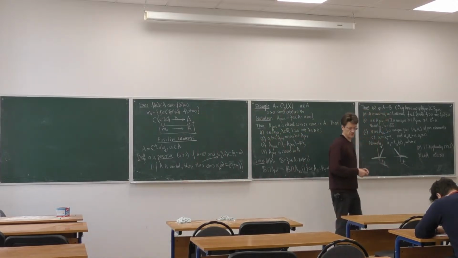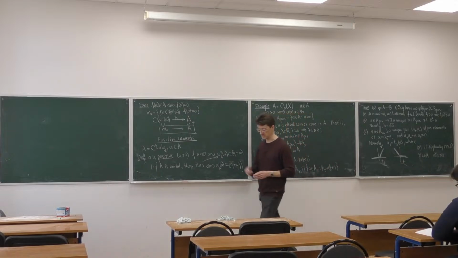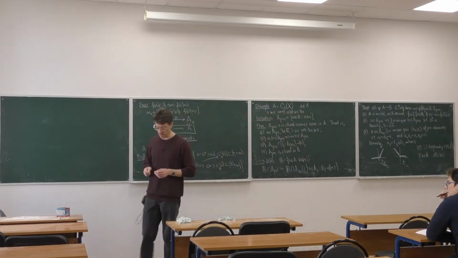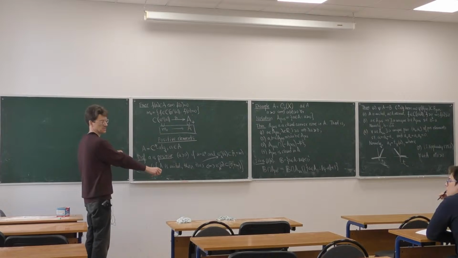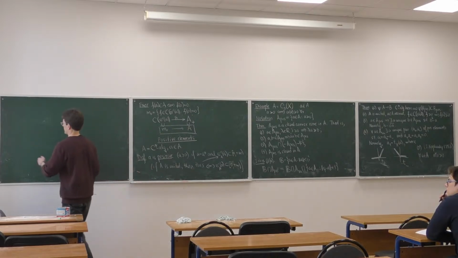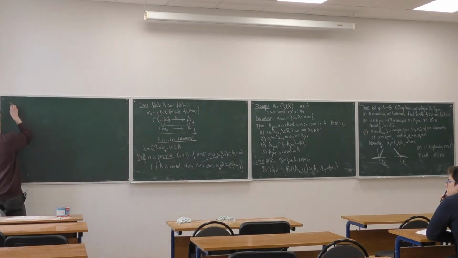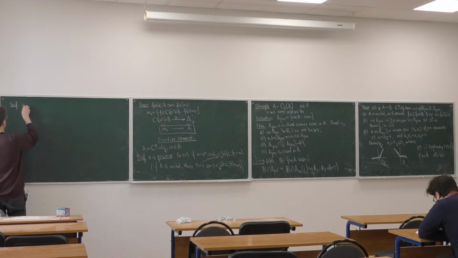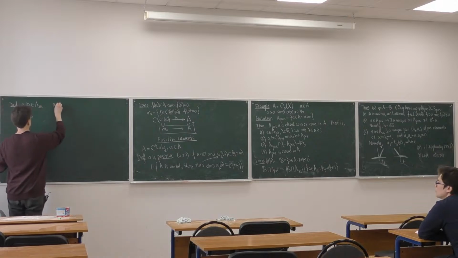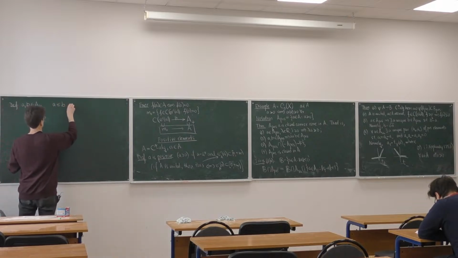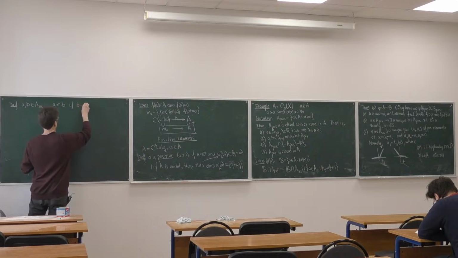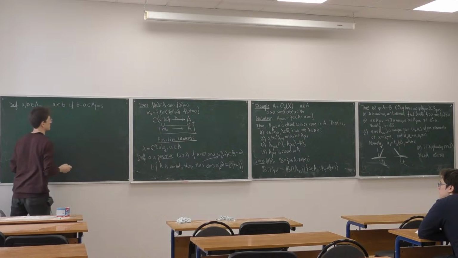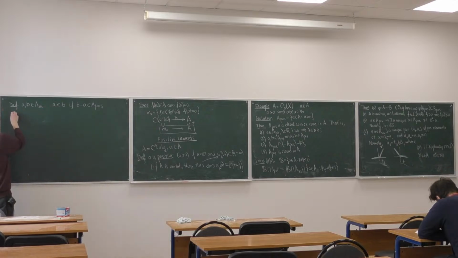By using the notion of a positive element, we can now define an order relation on the set of all self-adjoint elements in A. Namely, if we have two self-adjoint elements, A and B, in our algebra, we say that A is less than or equal to B if B minus A is positive. And we have the following result.